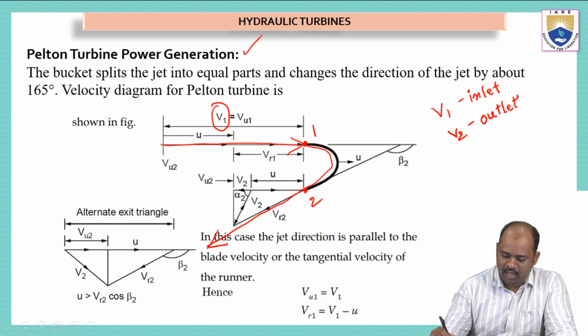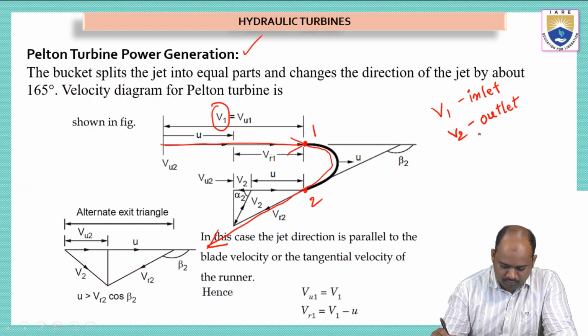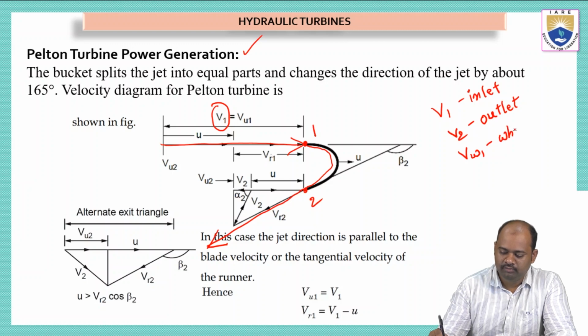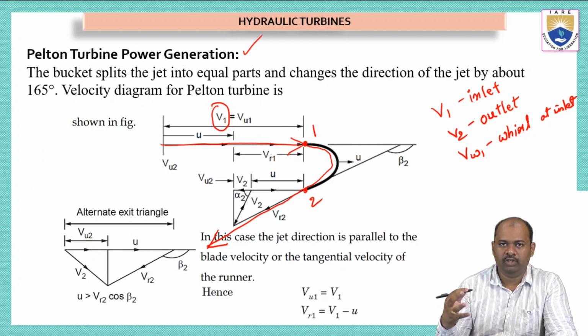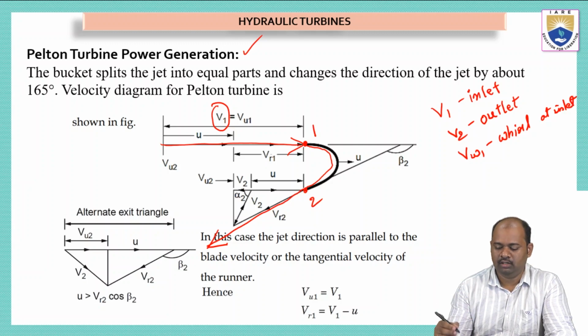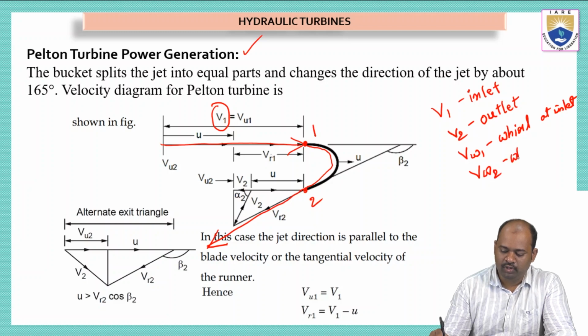Then we have VW1. VW1 is not written here, but it will be calculated later; it is the whirl velocity at inlet. All the notations with 1 will be at point 1, that means at the inlet. At outlet, we will denote everything with 2. And VW2 is the whirl velocity at outlet.